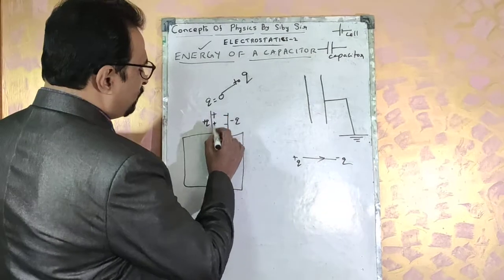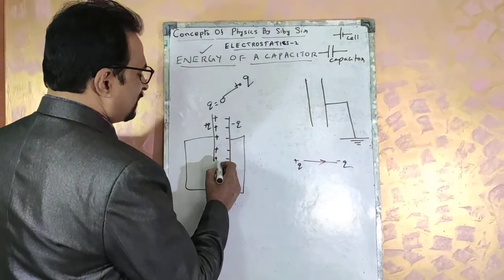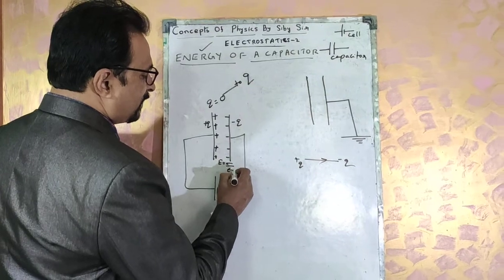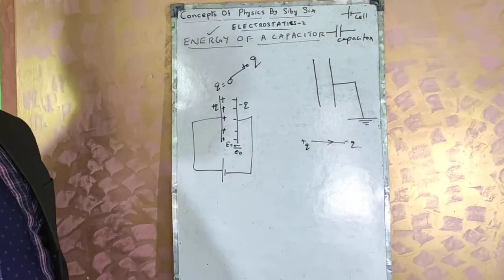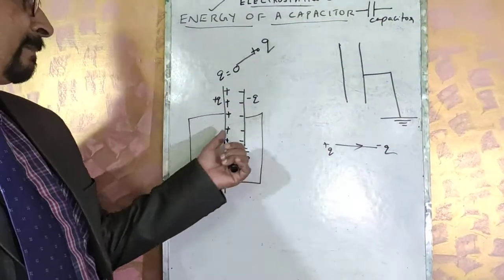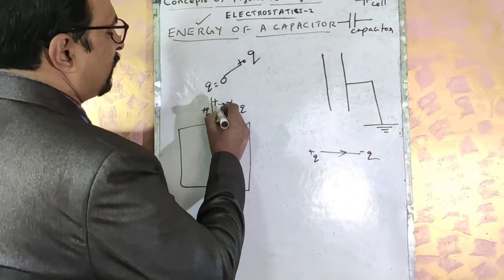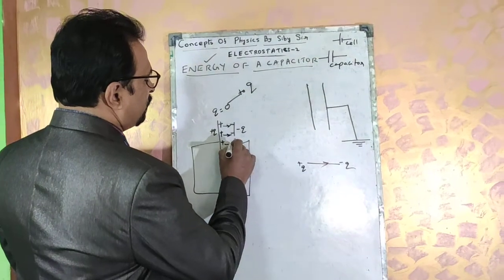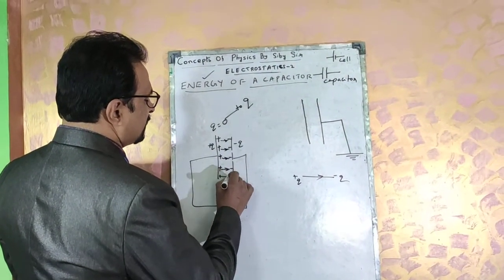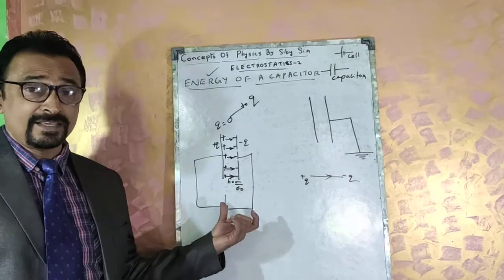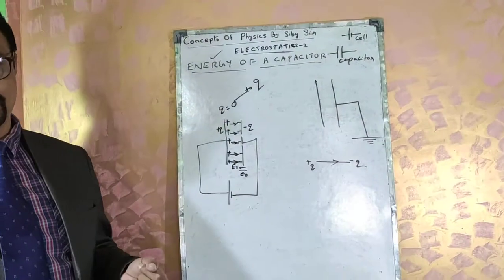Similarly, between the plates of the capacitor, already we proved there is a uniform electric field, sigma by epsilon naught. So the energy of the capacitor is existing in the form of electric field between the plates of the capacitor. So the form of energy of a charged capacitor is electric field.